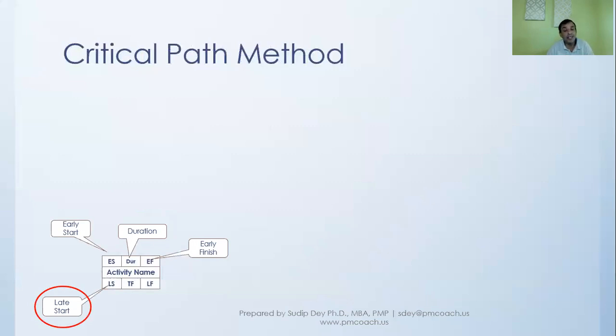the late start. This is the latest this particular activity can start without impacting the final date of the project. This one is the latest this particular activity can finish without impacting the final date of the project. And this is the float.